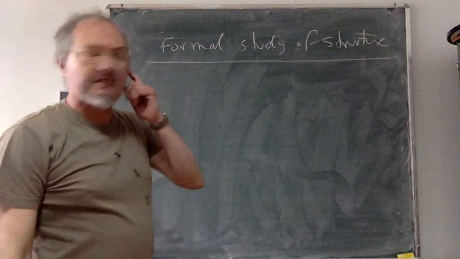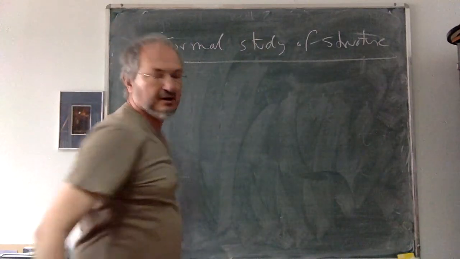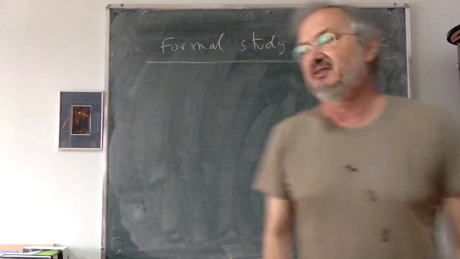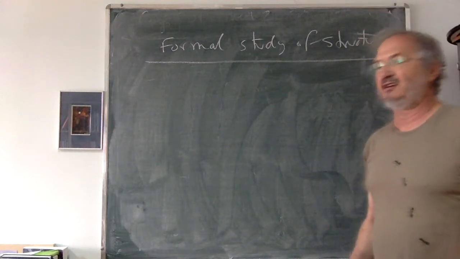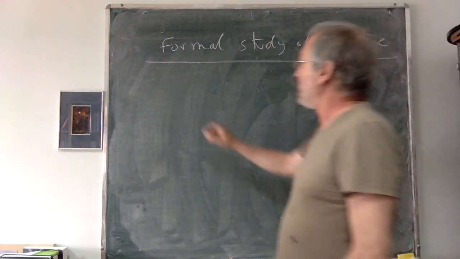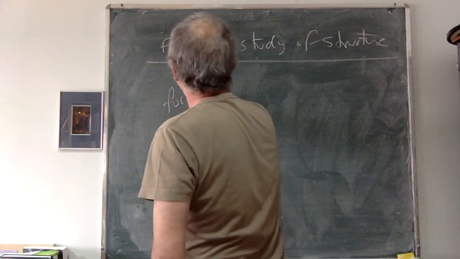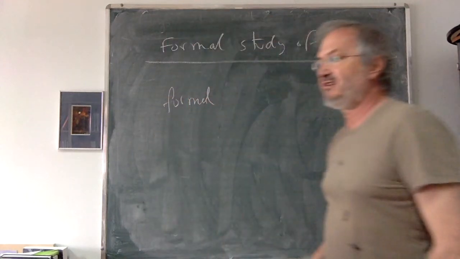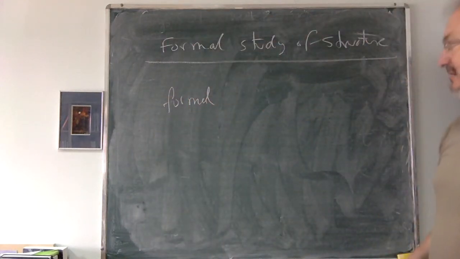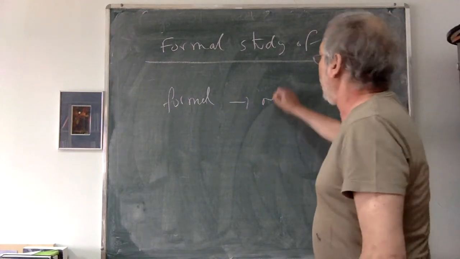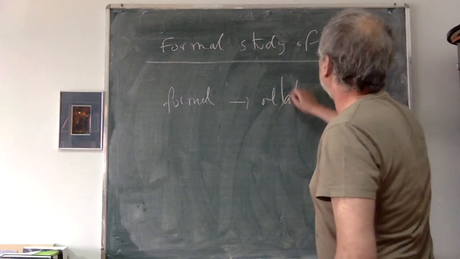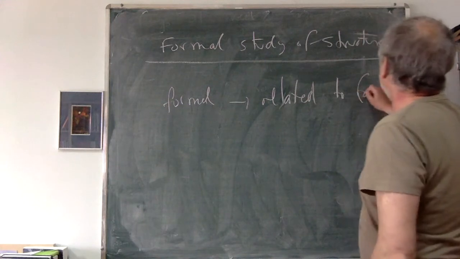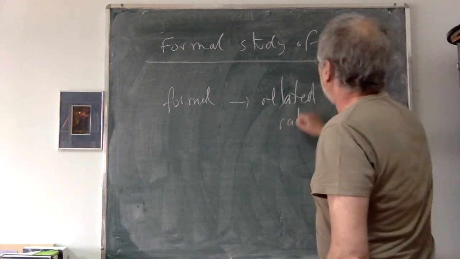Now, when we say formal study of structure, it could mean different things, and although they're related, they are different. So formal here could mean different things. This could mean related to form, rather than content.